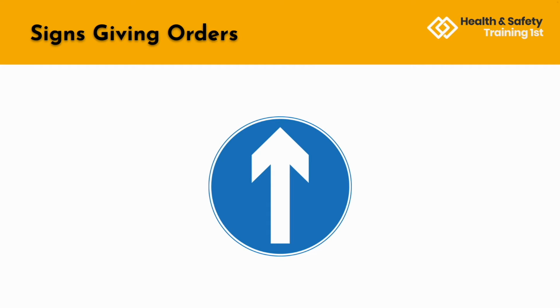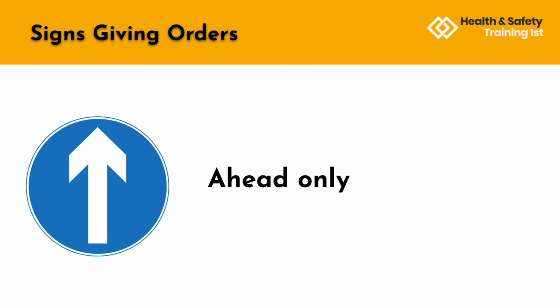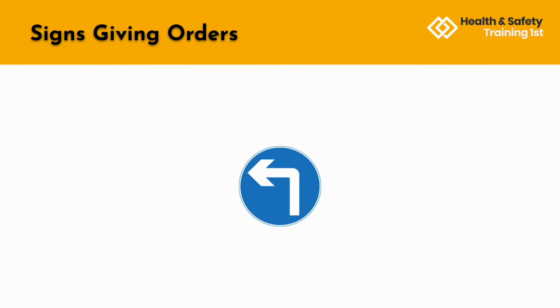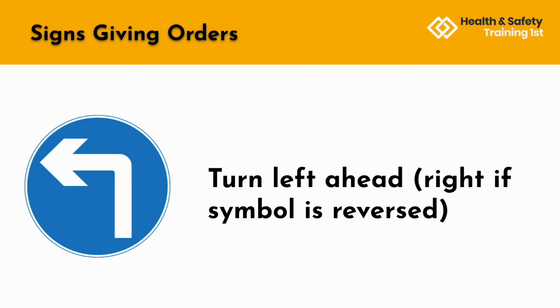Signs with blue circles but no red border mostly give positive instruction. Ahead only. Turn left ahead, or right if the symbol is reversed.